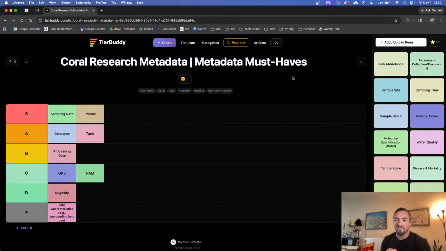Eli says A tier to collect, but maybe not as important to include in papers. That's a good way of thinking about it too, because I don't know if I'm actually writing up the site characteristics. I haven't read the manuscript I have in a while.